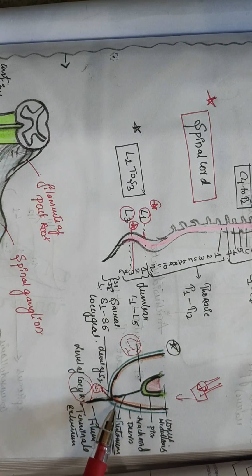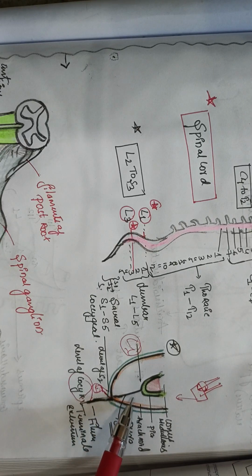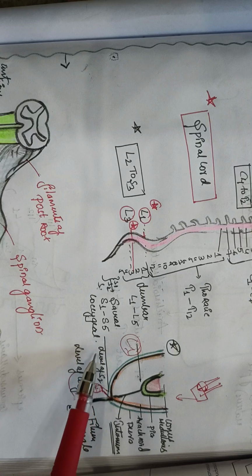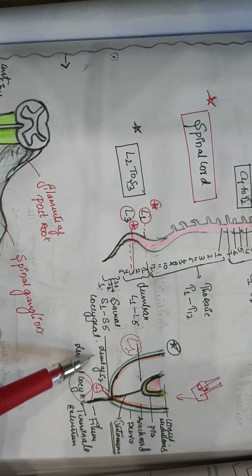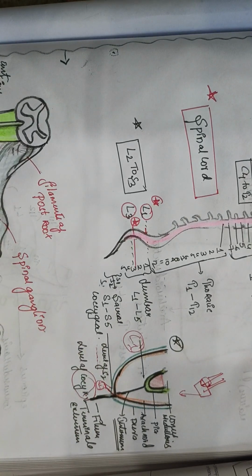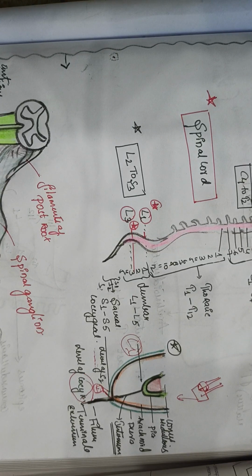This is the arachnoid membrane, this is the dura mater, this is the pia membrane. Below the arachnoid membrane, you have got the subarachnoid space, and this subarachnoid space also ends where the arachnoid membrane ends. Am I right? Yes. So the arachnoid membrane and the subarachnoid space both end at the lower border of S2. That's the basic important point, right?